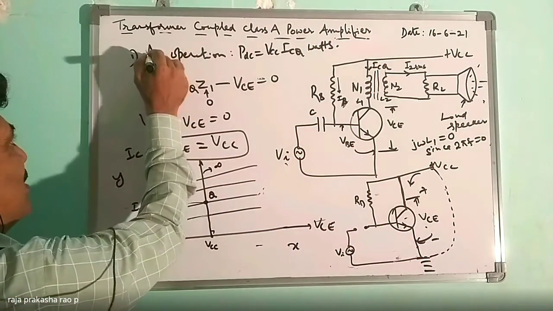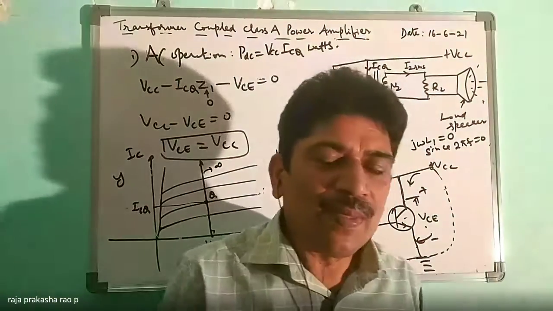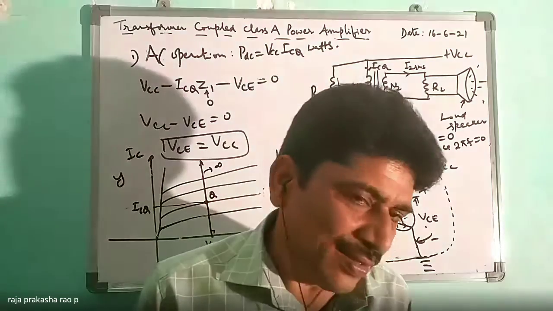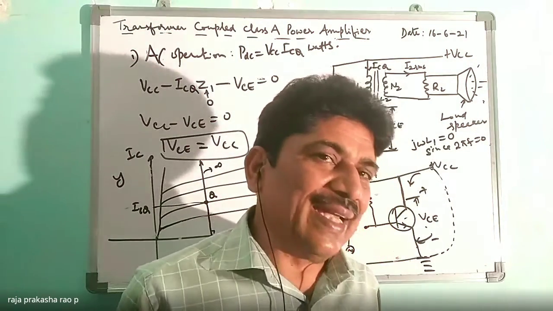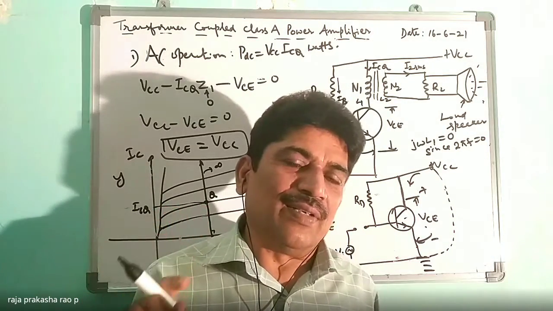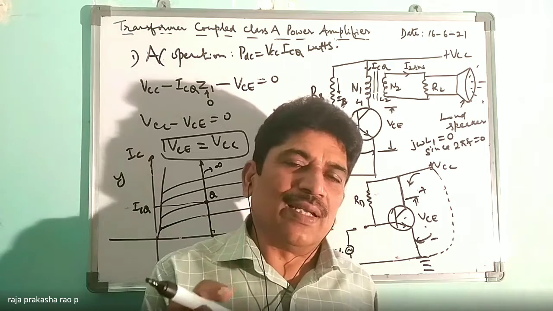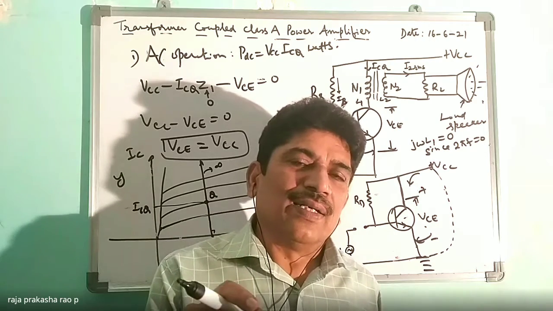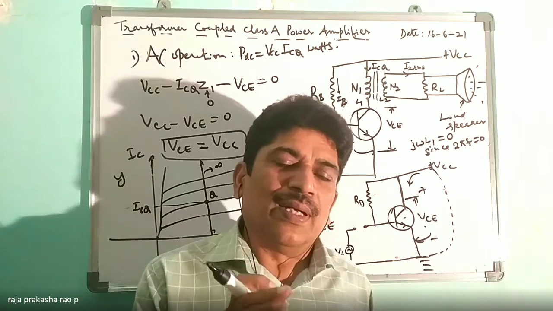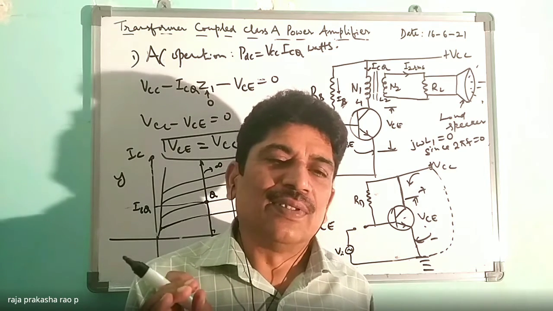In AC operation, the circuit should be converted into an AC circuit, following the guidelines we discussed in the first unit. Replace all the voltage sources by zero potential, and open or short circuit the capacitors, and then draw the circuit.